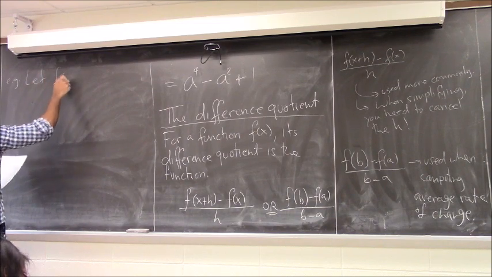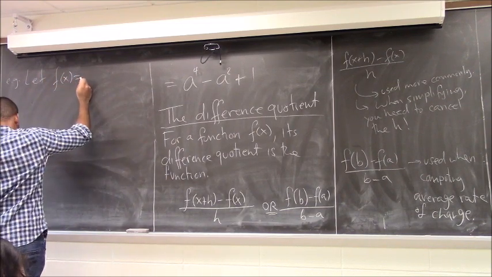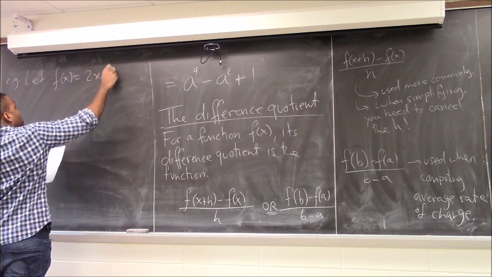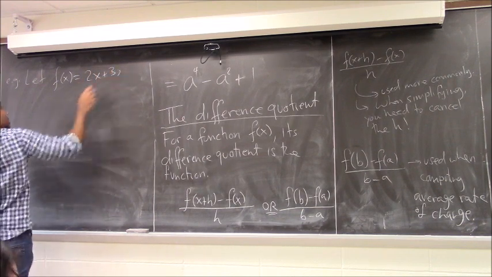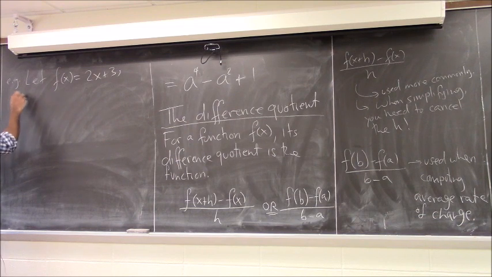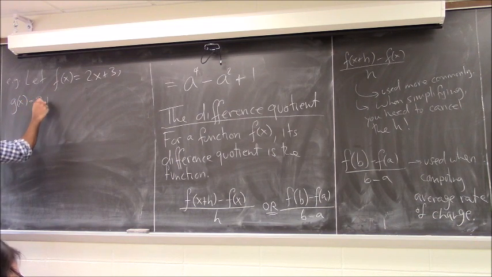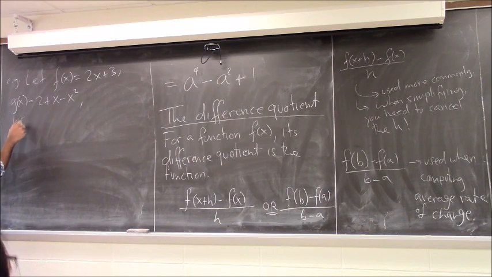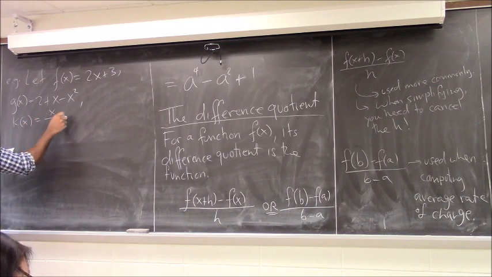Let f of x equals 2x plus 3. G of x equals 2 plus x minus x squared. K of x equals x over x plus 2.